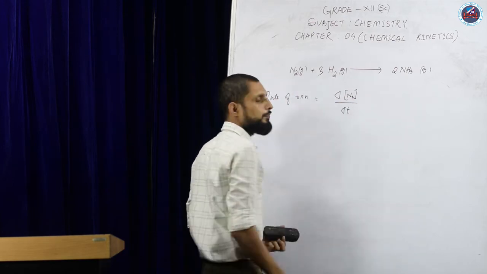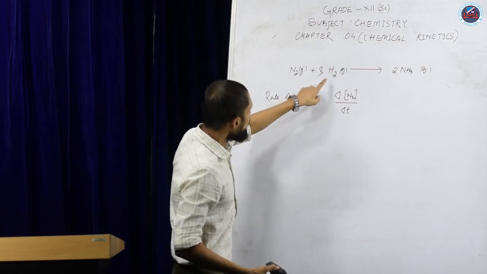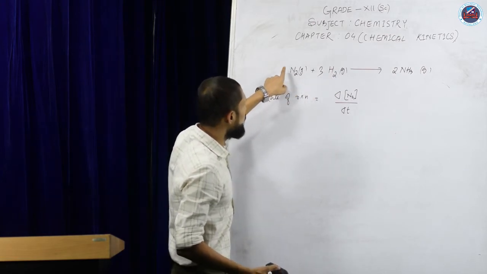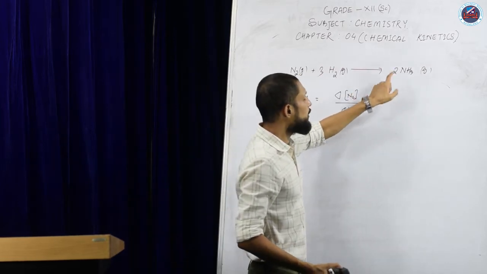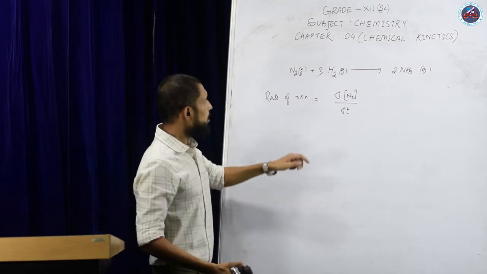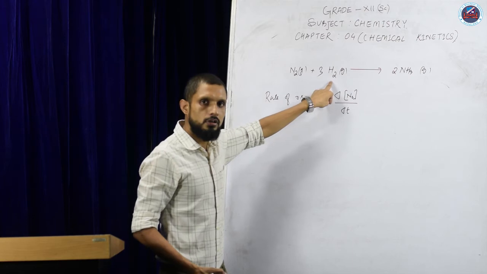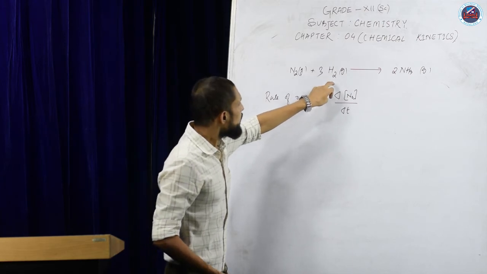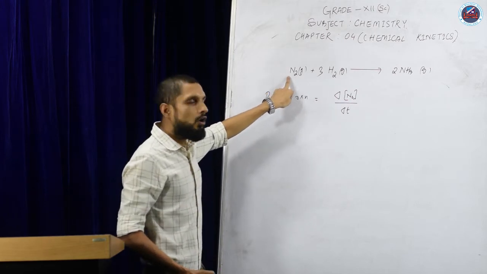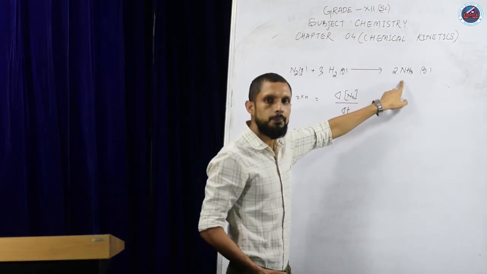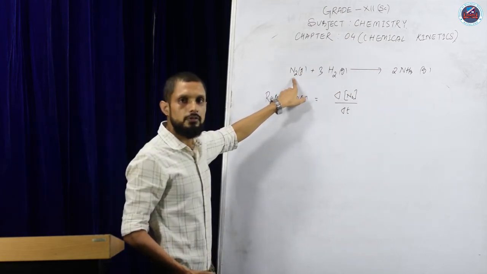Now if you look at this reaction, the stoichiometric coefficient of nitrogen is 1, hydrogen is 3, and ammonia is 2. That means the rate of hydrogen in the reaction is 3 times more than nitrogen, whereas the formation of ammonia is 2 times more than nitrogen.